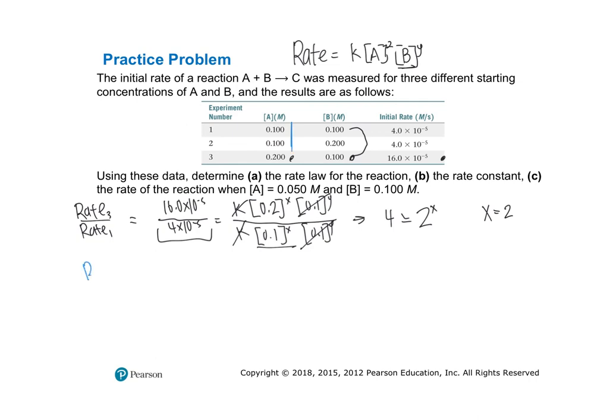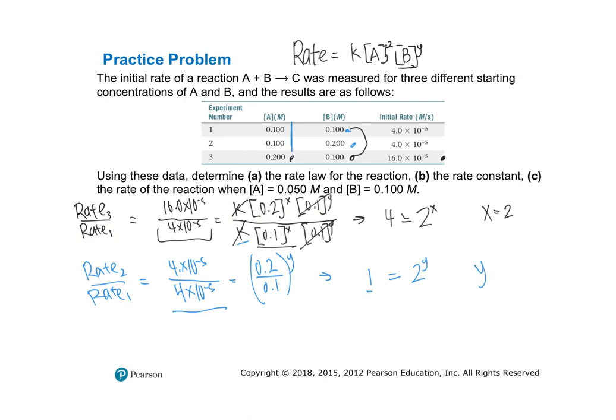So I'm going to do rate 2 over rate 1, and that's going to equal 4 times 10 to the negative 5th over 4 times 10 to the negative 5th equals, and now I'm not going to do the K's and the A's, I'm just going to do B. So now B for experiment 2 is 0.2 divided by 0.1 to the Y. So 4 over 4 is 1, those cancel out to 1, equals 2 to the Y. So when we need it to equal 1, Y is going to equal 0.